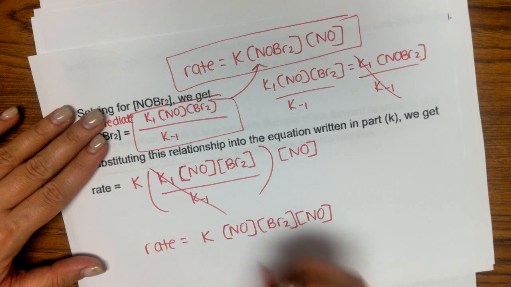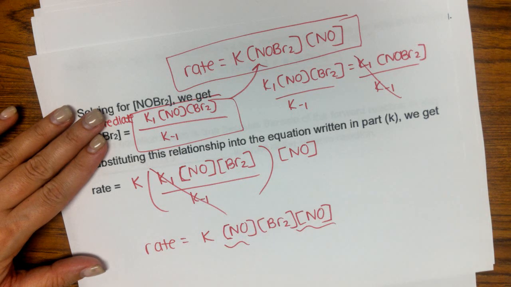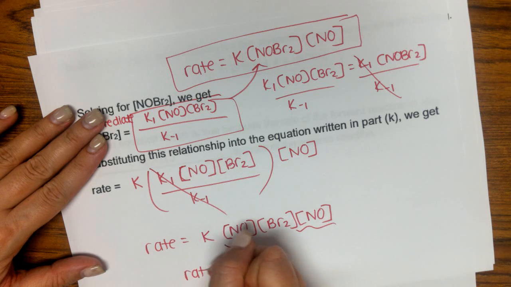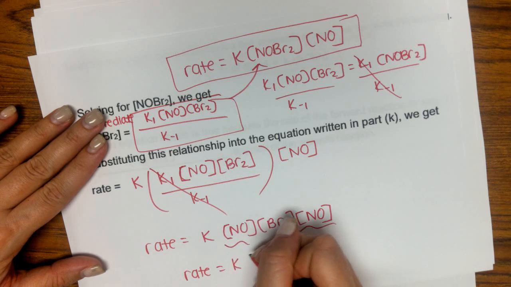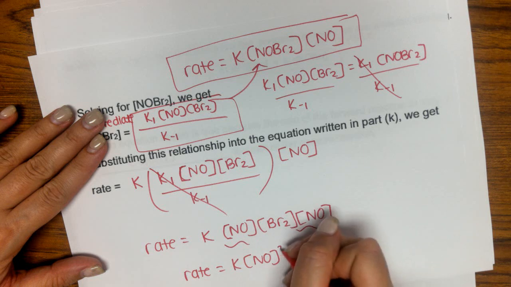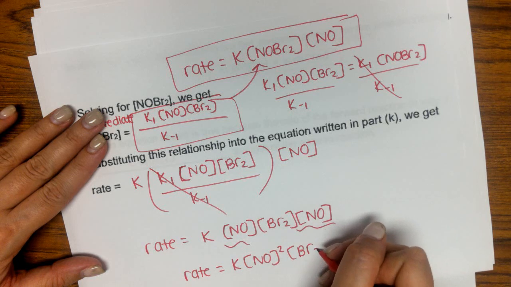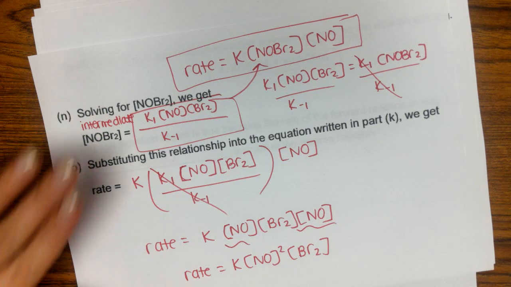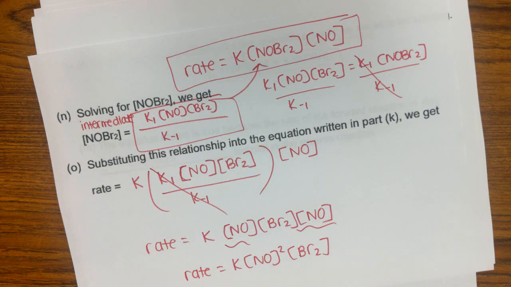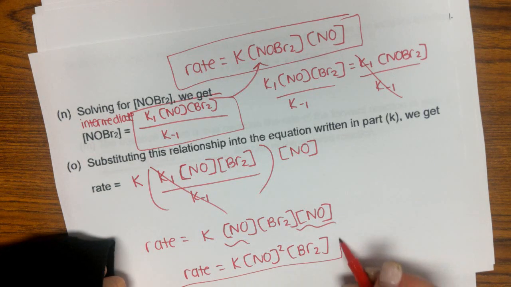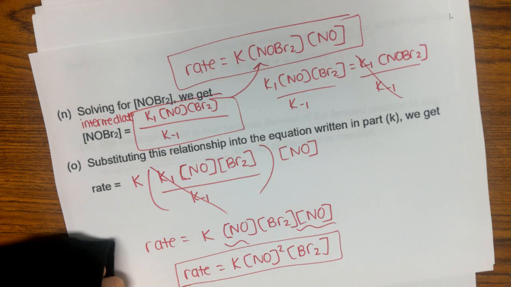Now hopefully you can see these are both NOs, so we should combine them. And so our final answer is going to be rate equals K NO squared times BR2. And that would be our final rate law that doesn't have any intermediates inside of it.